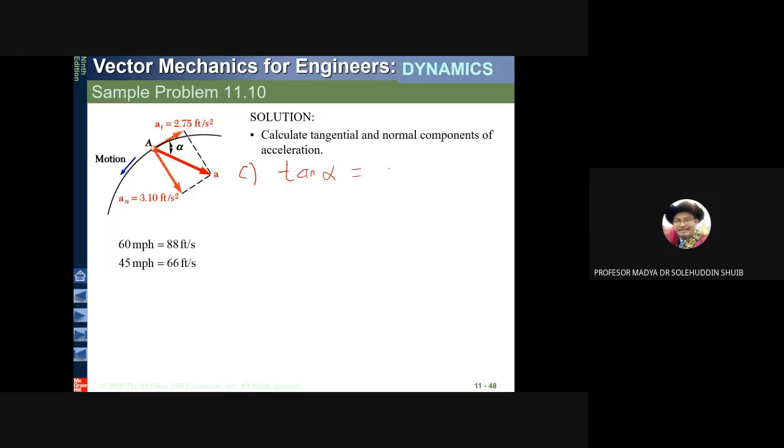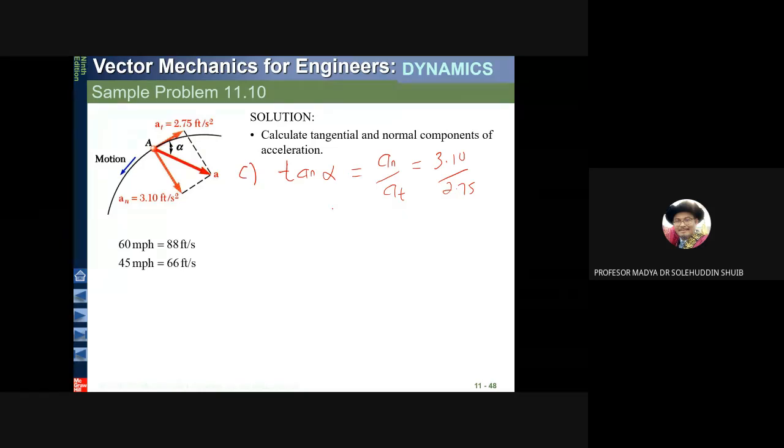Tangent alpha is equal to normal acceleration divided by tangential acceleration. So you obtain 3.10 divided by 2.75, the unit feet per second square cancels.